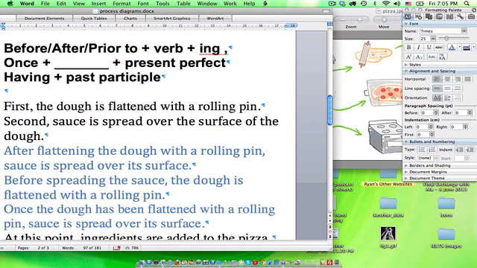Doesn't that sound so much more academic? Now we're using passive language, we're linking our passive phrases together, and we are really starting to sound like real expert users of the language.